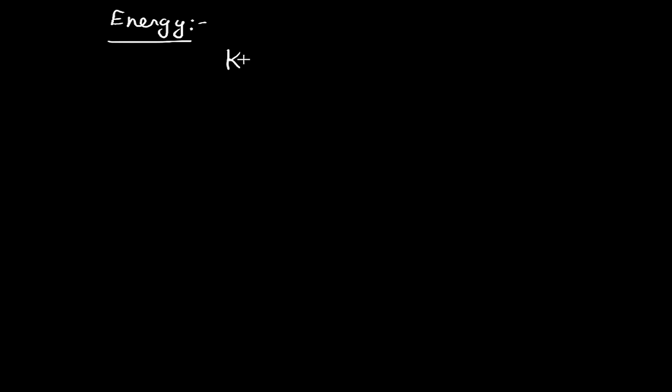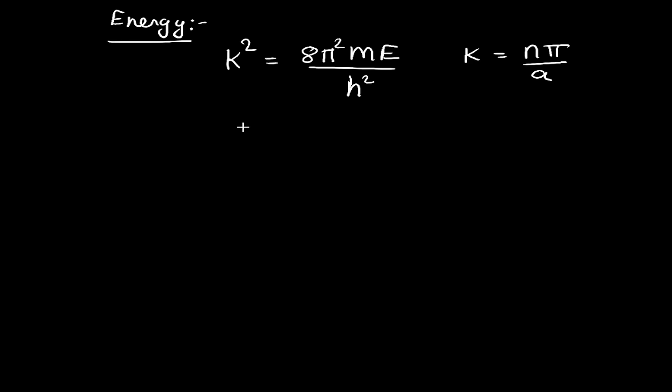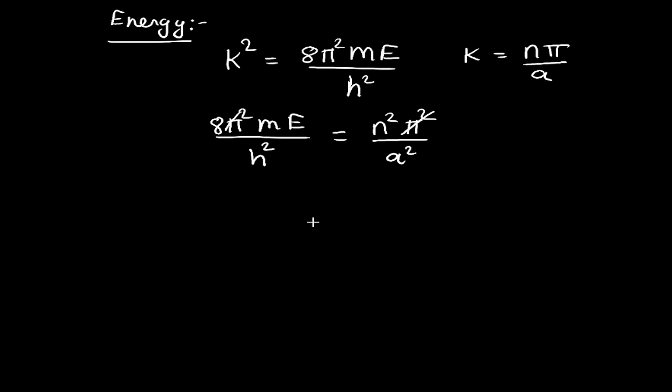So these are the two expressions, and hence we could equate both of these, and we will have 8 pi square m E by h square is equal to n square pi square by a square. So pi square will be cancelled out, and we could rearrange this expression in the form of energy. So the energy E is equal to n square h square upon 8 m a square.